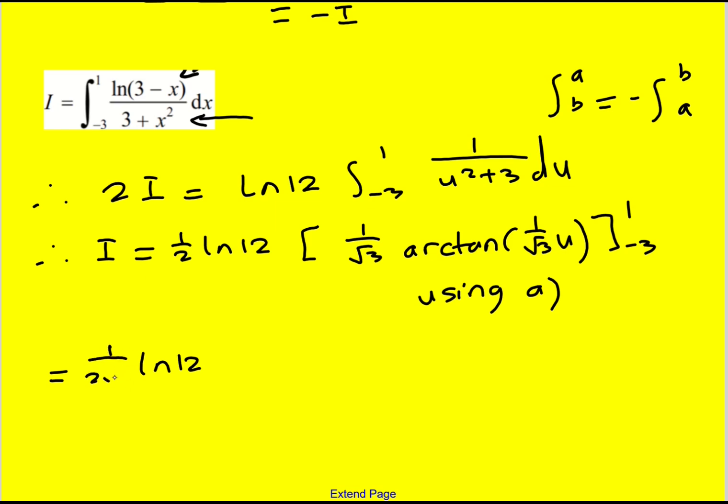So it'd be 1 over 2 root 3. And then I'll be timesing by, I'm going to write it, inverse tan of 1 over root 3 minus inverse tan of minus root 3.